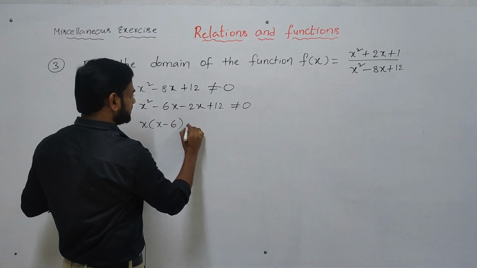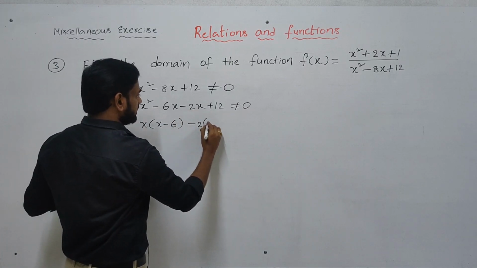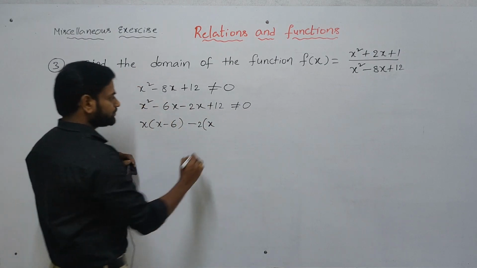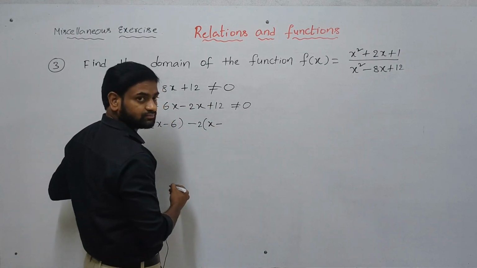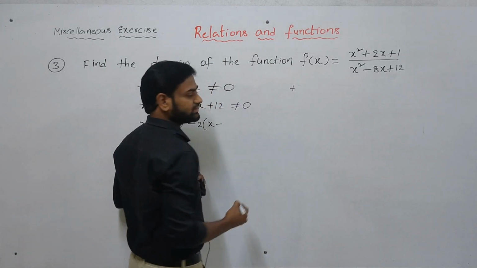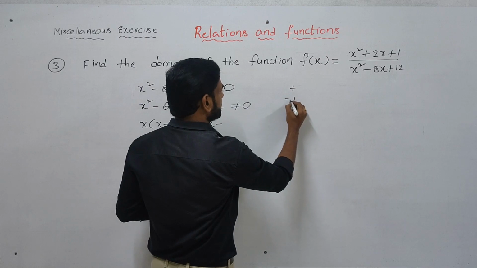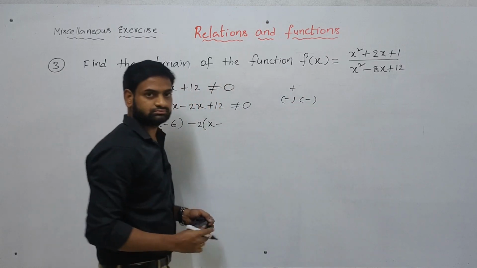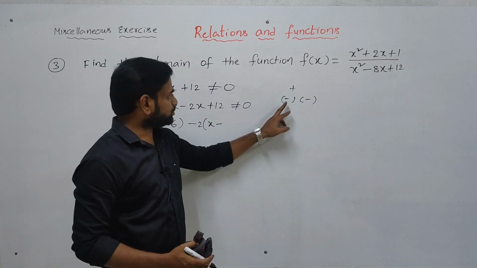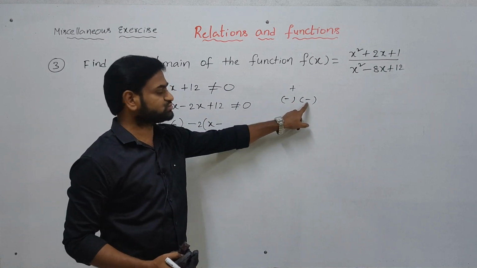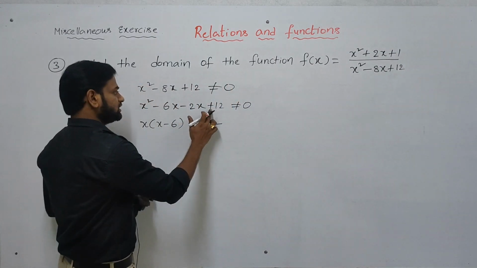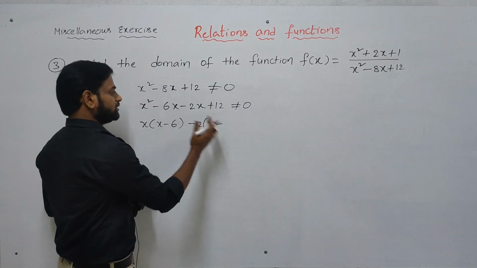Here minus 2 is common: x. In the plus, if we take minus common, the remaining is minus. See here, plus we can write as minus into minus. Minus into minus is plus. So if we take minus outside, the remaining is one more minus.